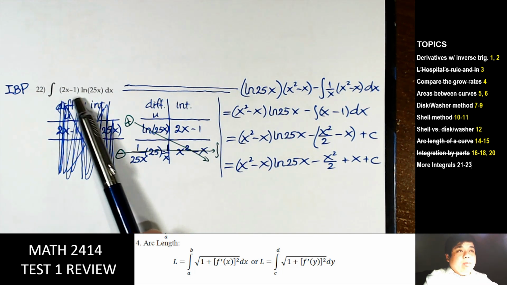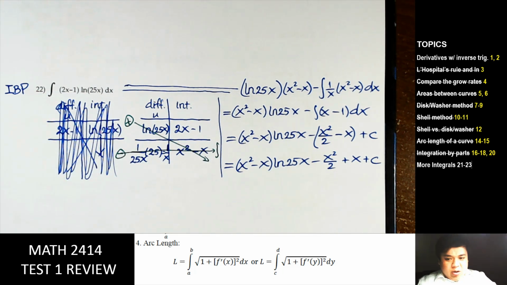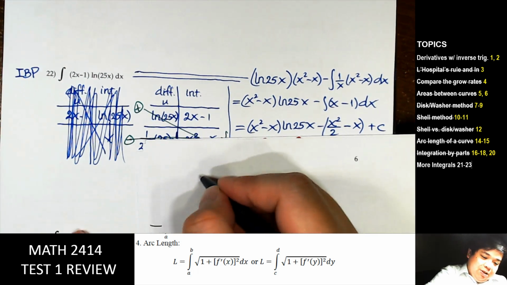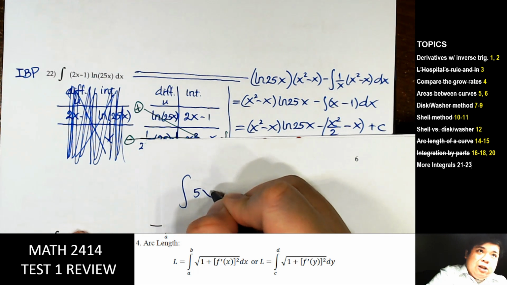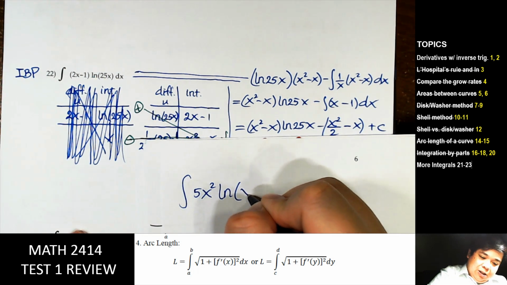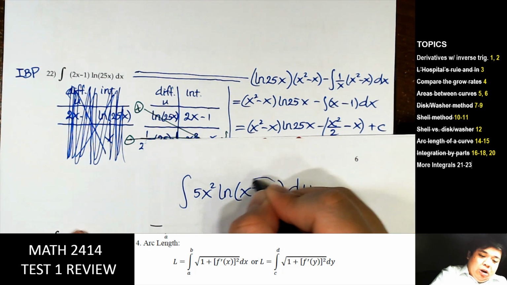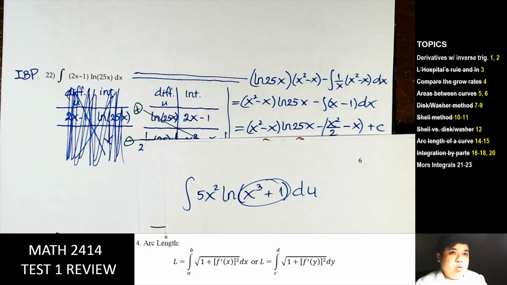So usually when we have a product of log and something else, that is going to be integration by parts. Unless of course we could get something like this, in which we let u equal to x cubed plus 1, and then we still use integration by parts, but the substitution should be first.